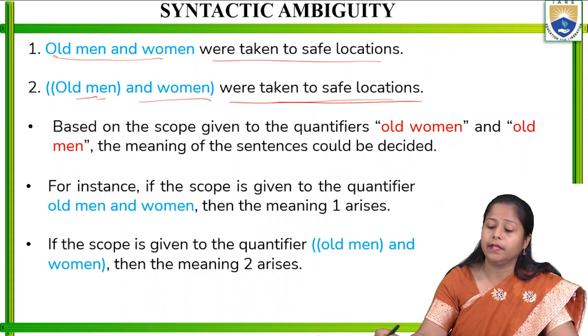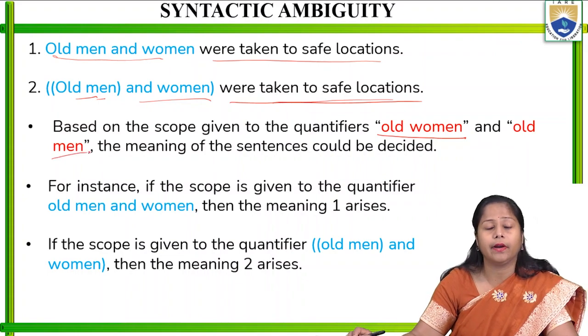So here that is old woman and that is old man. So two quantifiers are there for these sentences, and the meaning of the sentence is going to change according to which particular quantifier we use for our need.